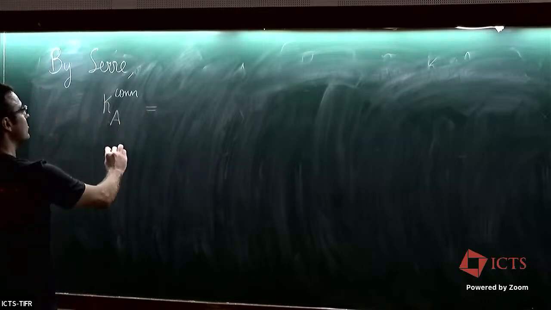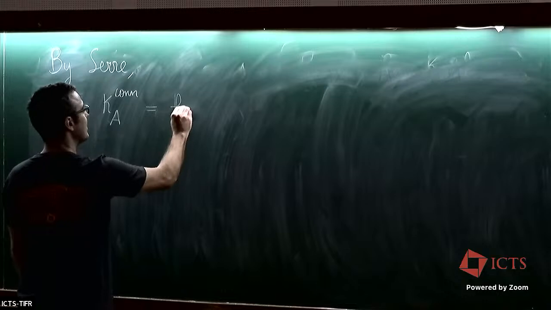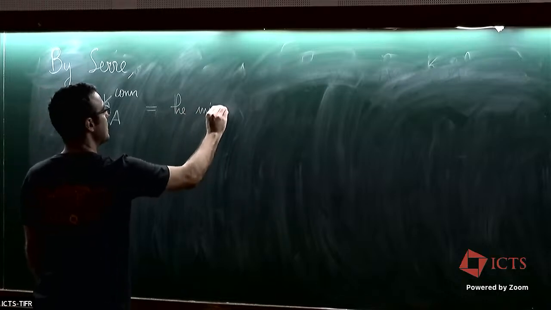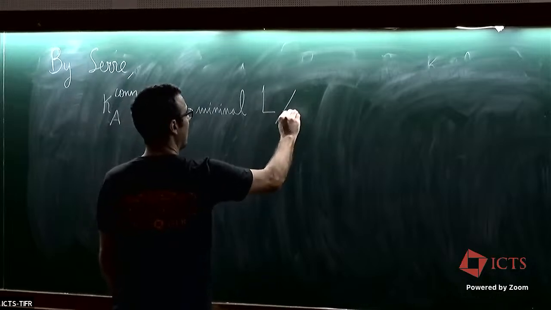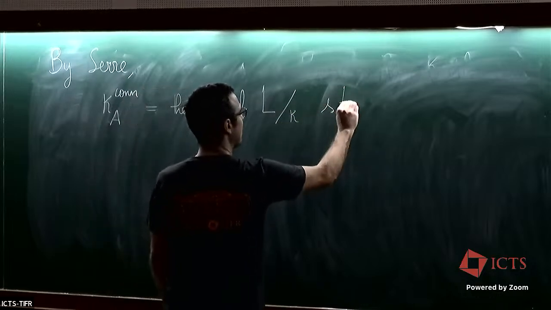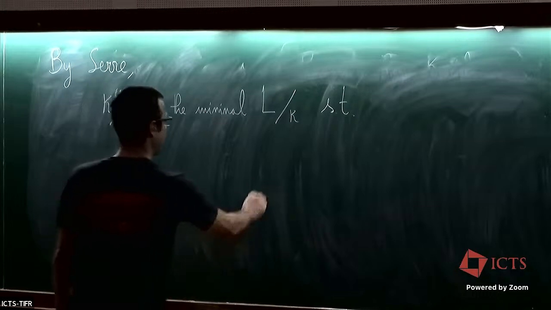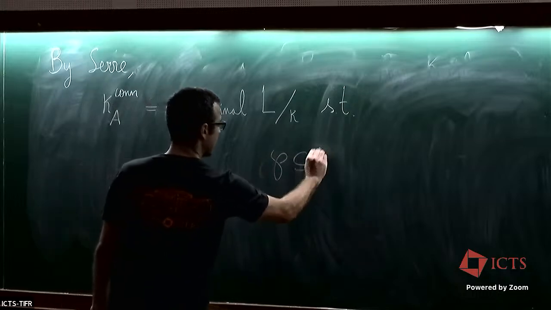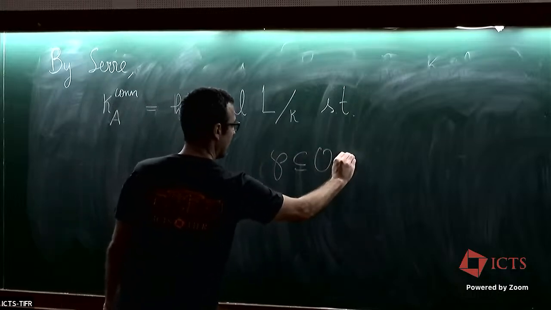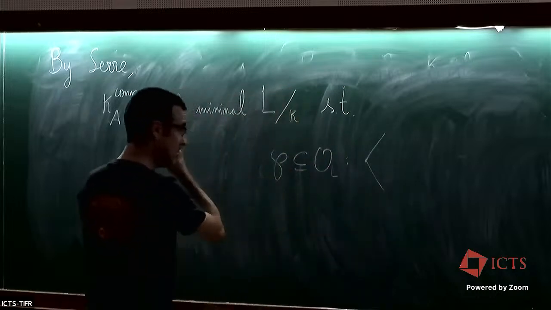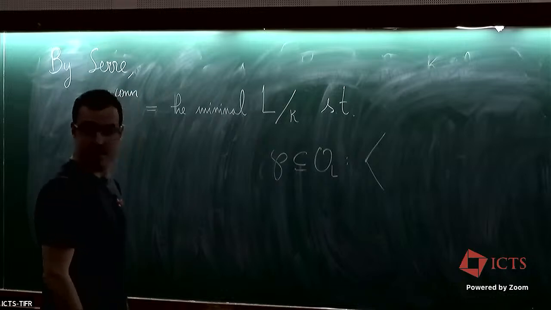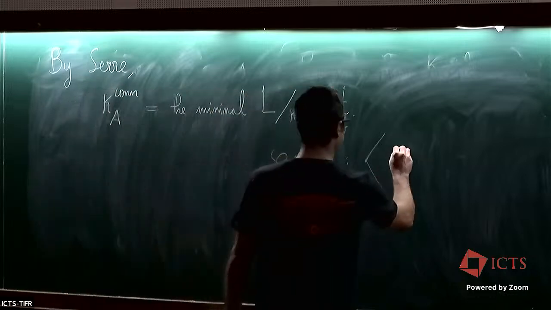Serre looks at this field in the following way: as the minimal extension L of K with the following property. So take some prime in the ring of integers of L and look at the subgroup generated by the Frobenius eigenvalues.